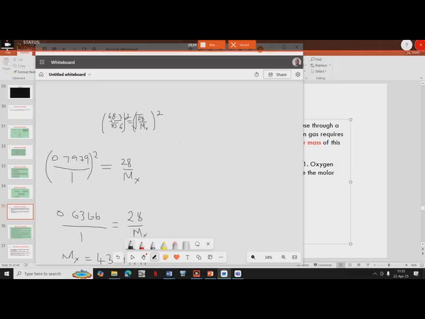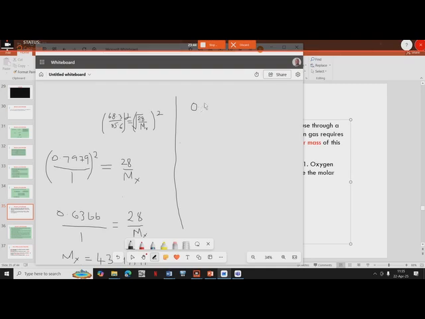Step 1, substitute in the formula. Then step 2, simple mathematics, you get the value of mx. The other option at this point was to get the square root of 28, and then I remain with the square root of mx.